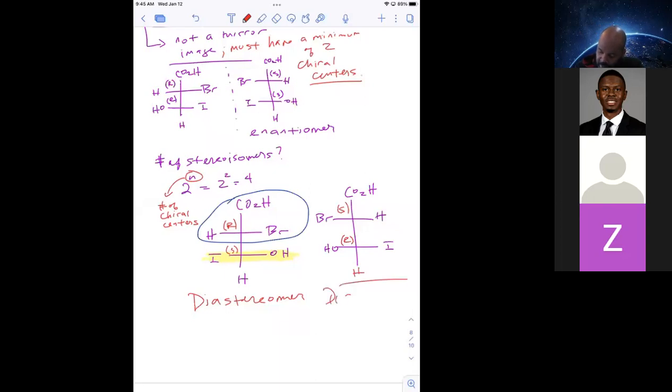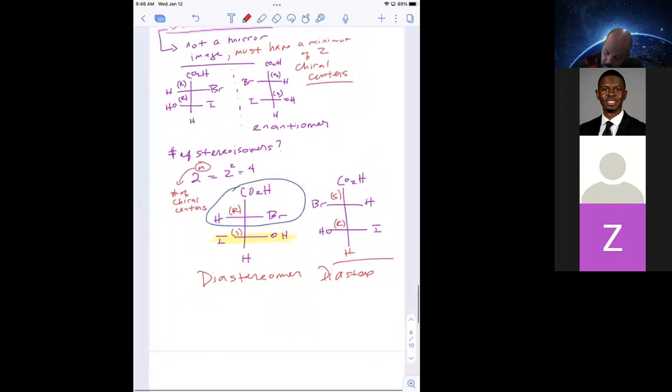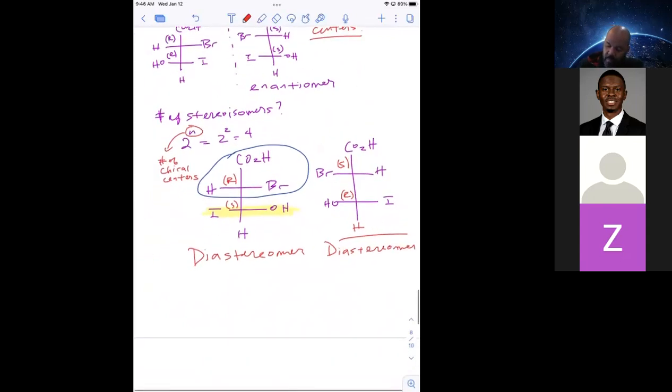But this is also a diastereomer of the original. But when you compare the 2 diastereomers to each other, they are enantiomers of each other, not of the original image.